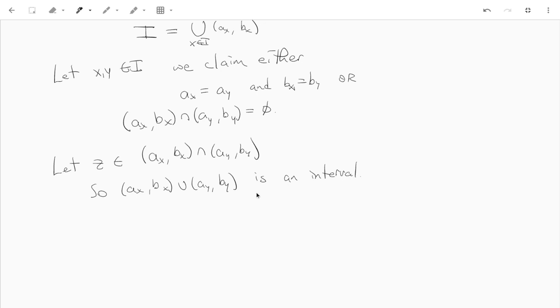Okay, what does that mean? Well, let's write this union as the interval alpha beta.